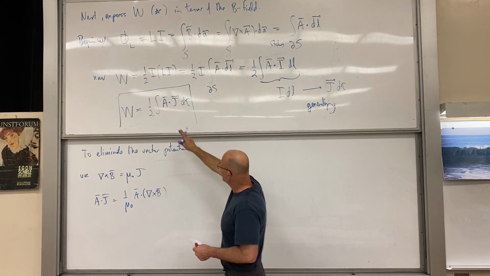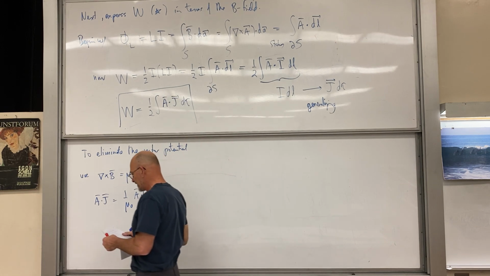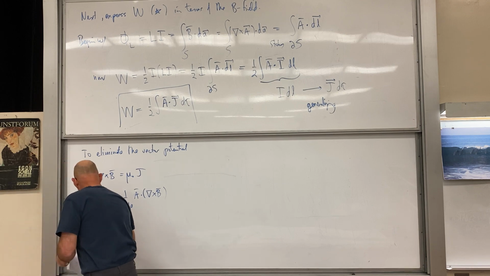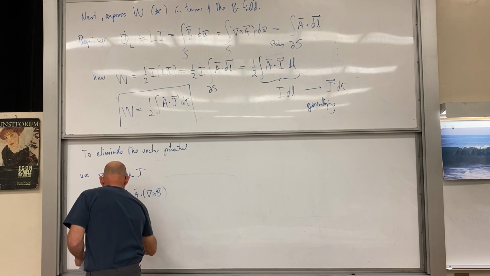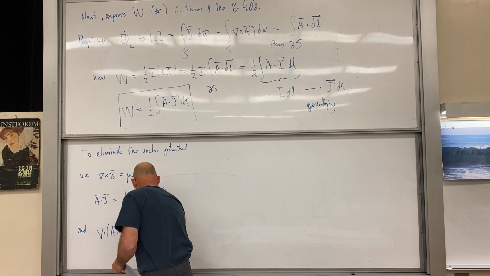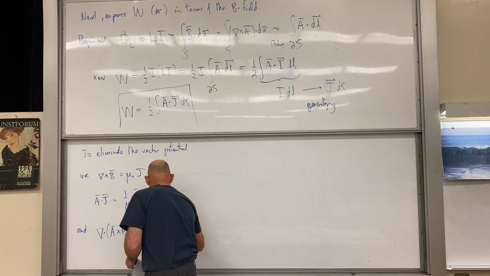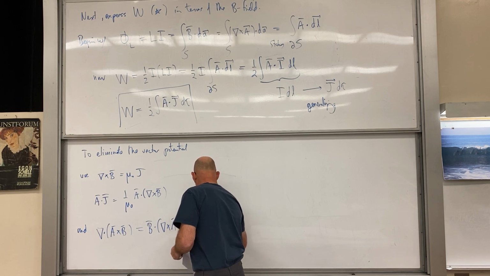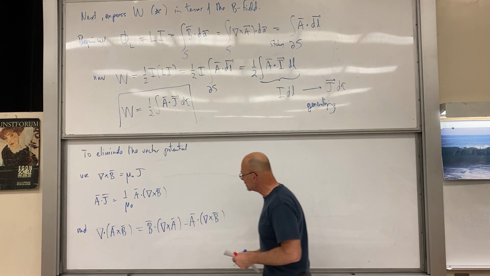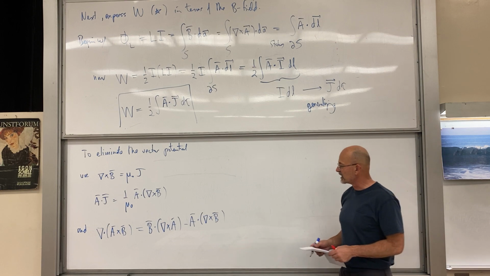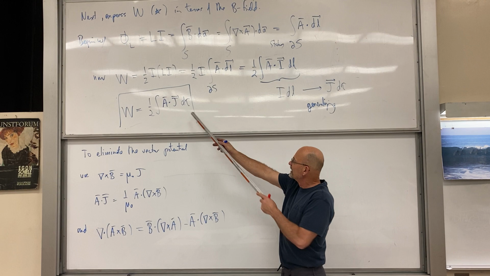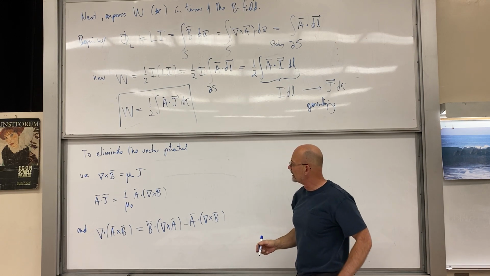So now we have an A dot J, and a product rule. So the divergence of A cross B is equal to B dot curl of A minus A dot curl of B. So there's a product rule from your list of many differentiation rules. And these we can now put together into this integral expression here.